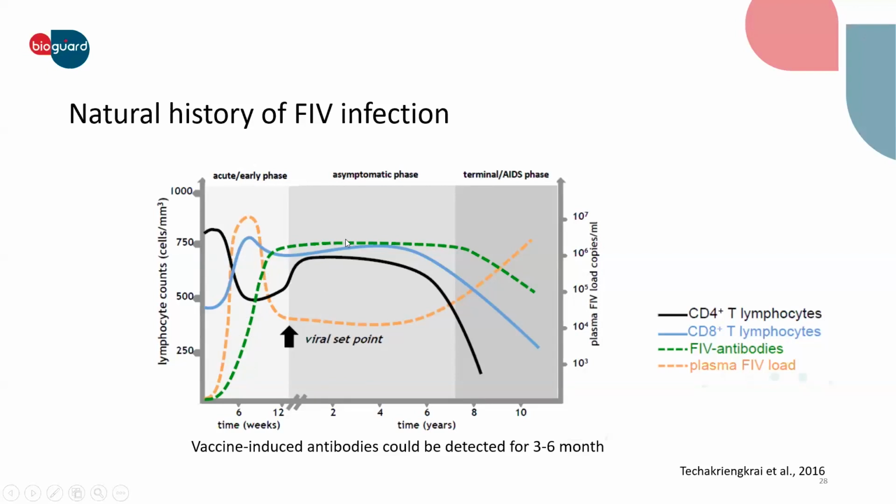It will get into the asymptomatic phase. In the asymptomatic phase, the CD4, CD8 and antibody will be maintained at the peak, but gradually drop. Once they drop to a certain point, the virus will start to increase again in the blood vessel, and that's what we call the terminal stage or terminal phase of the FIV infection.